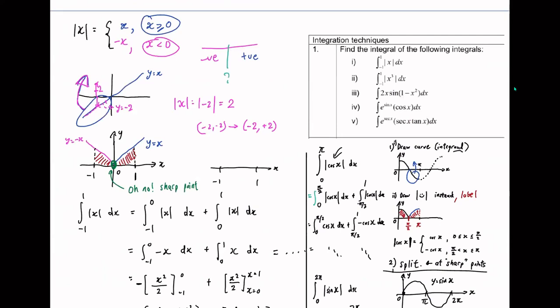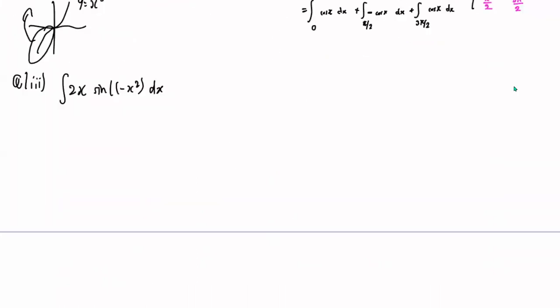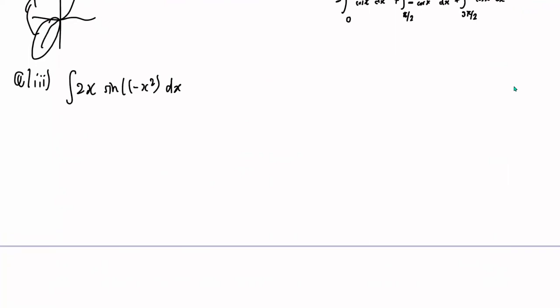Wait, what do you mean how? Which question? This one, yes. So you need to see that there is a composite function. Let me ask you, if you differentiate 1 minus x squared, what do you get?